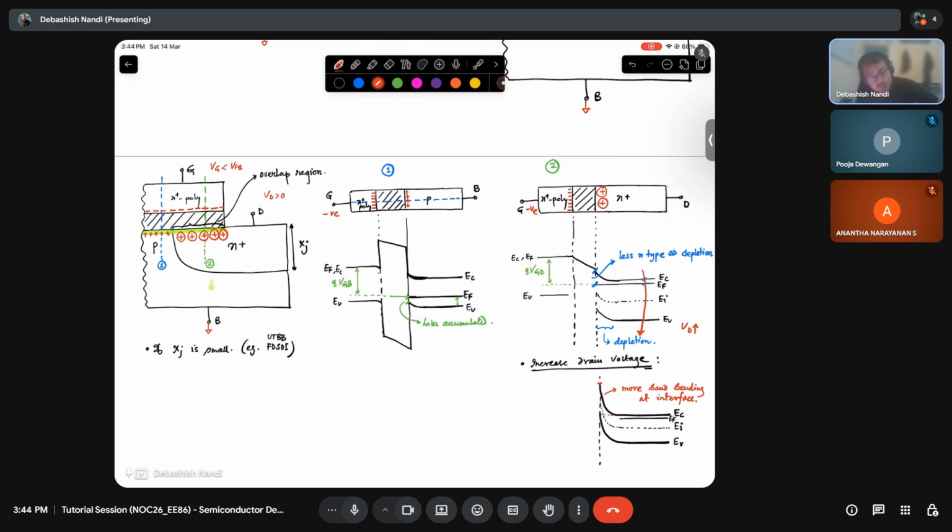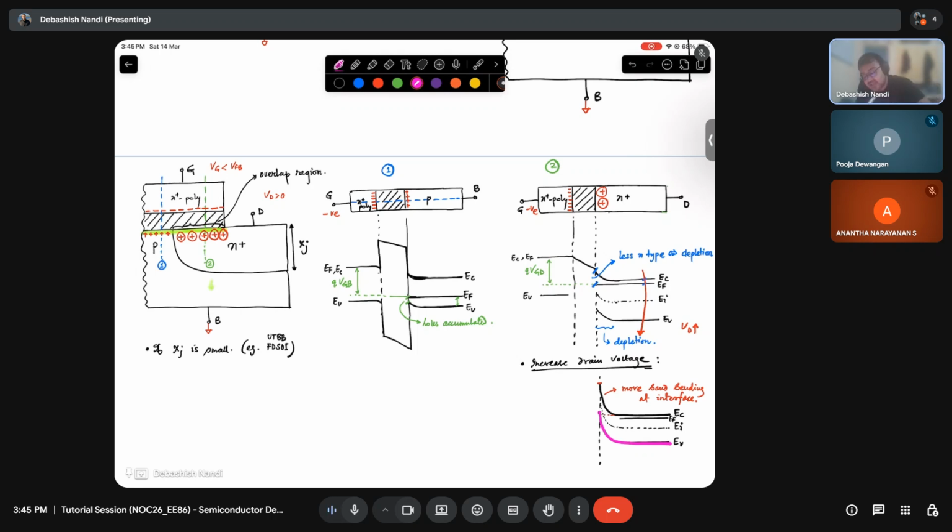And which location are we in? Now we are in this location, right? This interface we are talking about is inside the overlap region. Fine. Now, what are we seeing here? This pink line is my valence band and the black line is the conduction band.